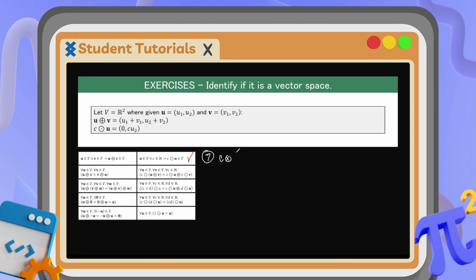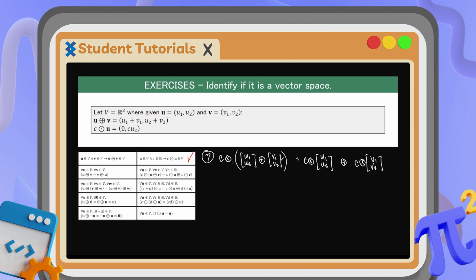So that gives us (u sub 1, u sub 2), vector addition with (v sub 1, v sub 2). And if that also gives us the same answer as c scalar multiplication with (u sub 1, u sub 2), followed by vector addition of c scalar multiplication with (v sub 1, v sub 2).